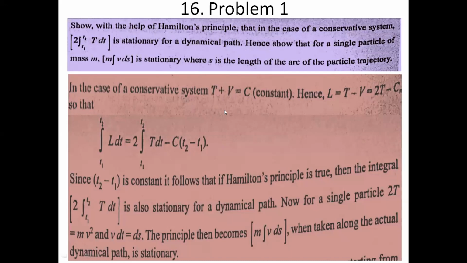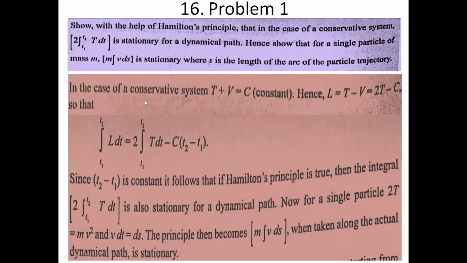So the integral from T1 to T2 of L dt will naturally be the integral of 2T dt from T1 to T2 minus C times (T2 minus T1), C being a constant. Since T2 minus T1 is a constant, it follows that if Hamilton's principle is true, then the integral of 2 times kinetic energy from T1 to T2 should be stationary for a dynamical path.